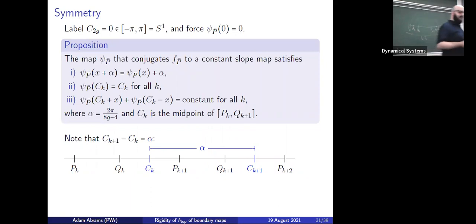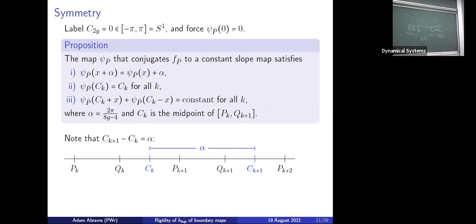And so we have a proposition that, yes, the map psi actually does have these properties. We do make a couple conventions to help with this. So we're modeling the circle as negative pi to pi, since we're doing arguments on the unit circle. For convenience, we're going to take one of these centers of the interval from pk to pk plus 1, and we're going to call one of those centers 0.